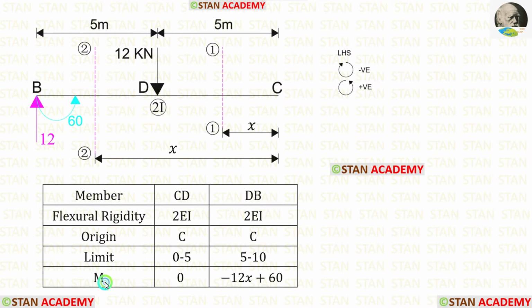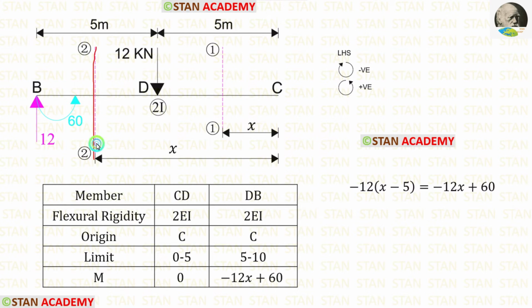Now let us find the moment M. First, let us find it in CD. In CD, up to the section, there is no load, so the moment M will be 0. Now let us find the moment in DB. We are finding the moment about the sections from the point C. In this case, we are moving towards left hand side. Clockwise will be negative and anti-clockwise will be positive.